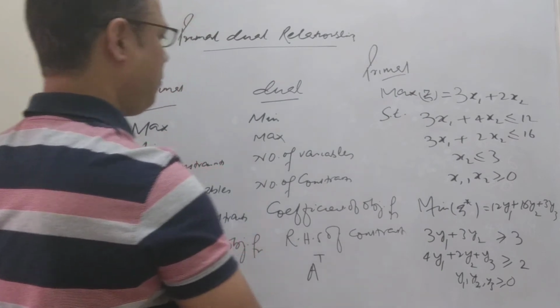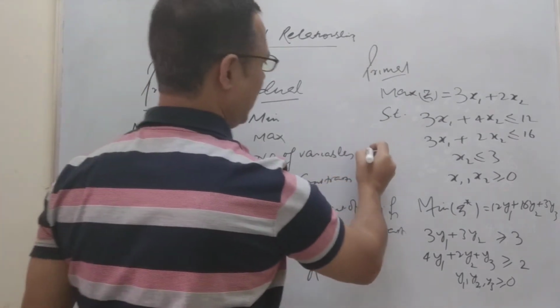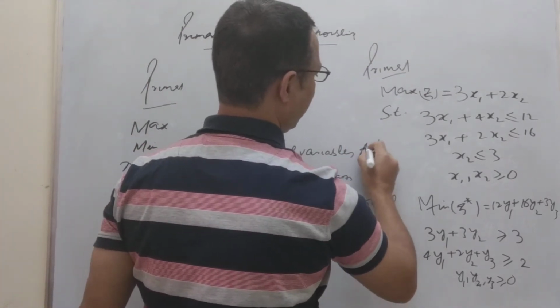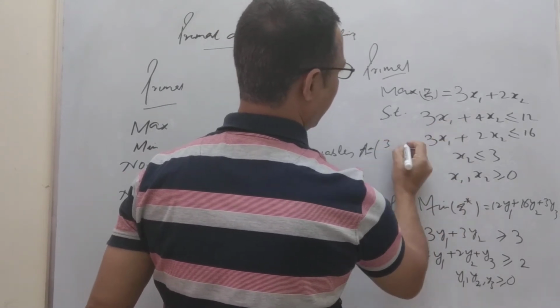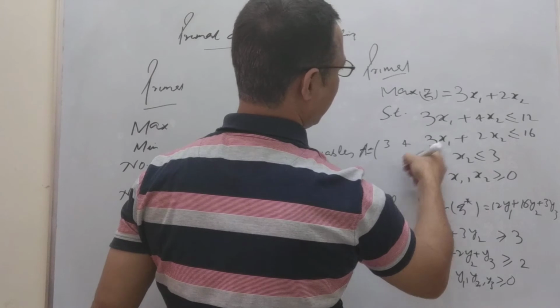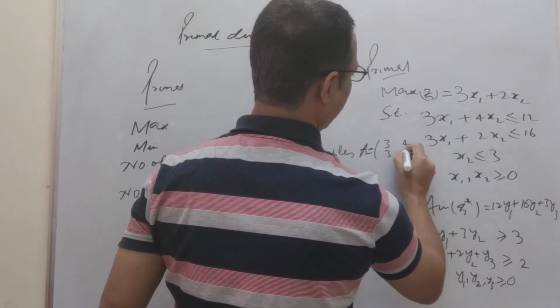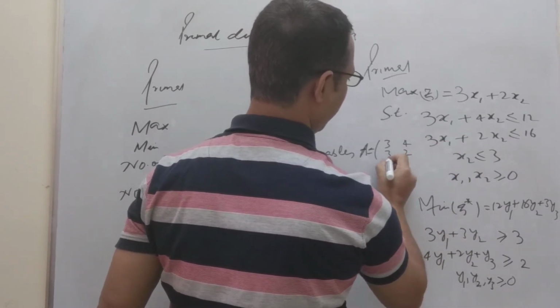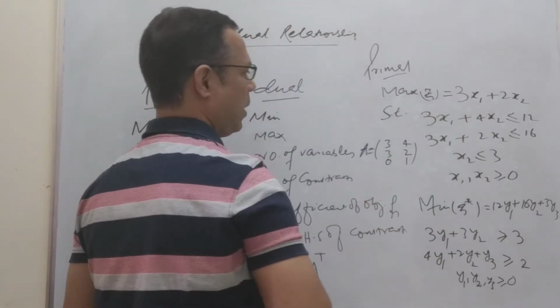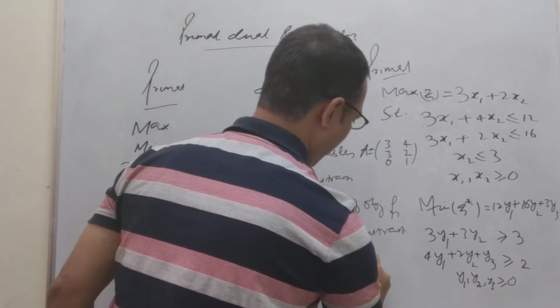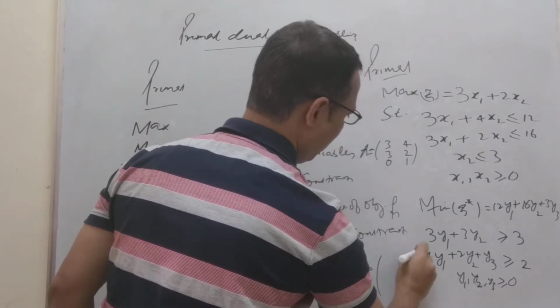So now you can compare. If you look at this matrix, what is the matrix here? With x1 and x2: 3 and 4, then 3 and 2, then there is no x1 so 0, and x2 has 1. This is the matrix for the primal of this LPP. Now I am going to see the matrix of its dual.